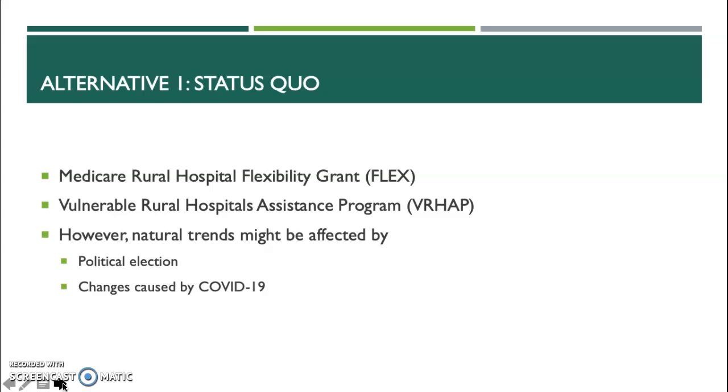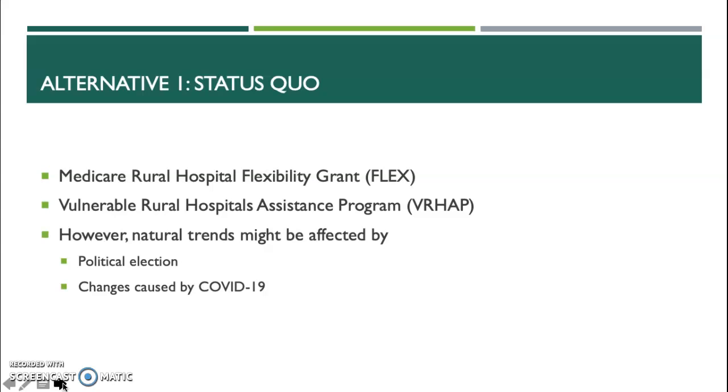So for the FLEX program, the FLEX program supports critical access hospitals to promote quality and performance improvement, including stabilizing finances, integrating emergency medical services into healthcare systems, and incorporating population health.